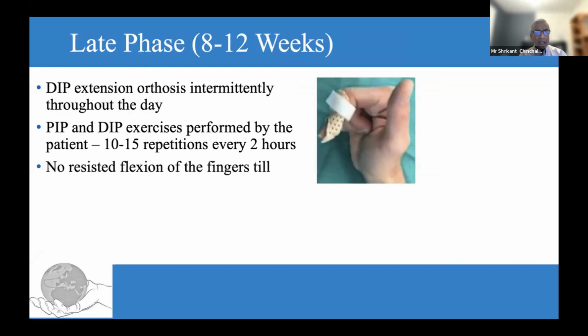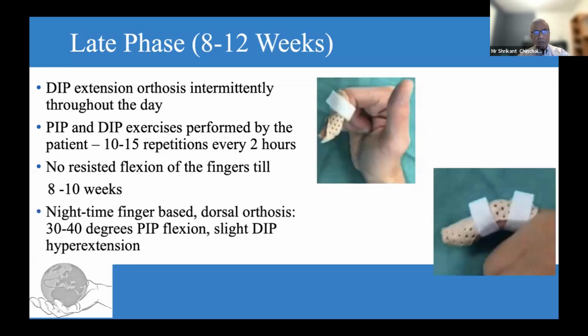However, we strongly recommend that patients do not perform resisted flexion of the fingers until at least 8 to 10 weeks following the first application of the splint. If they have to use resistive exercise, we encourage these patients to continue wearing the splint so that whatever healing has happened as a result of the splinting and casting, we do not cause any disruption of the terminal tendon.